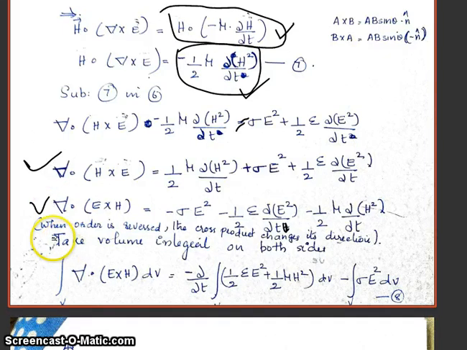The reason is when the order is reversed, the cross product changes its direction. So when you take the cross product of H cross E, you get a vector, and if you take the cross product of E cross H, you get the same vector with a negative sign.